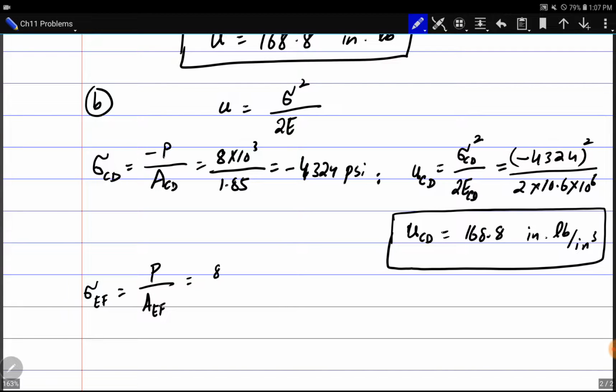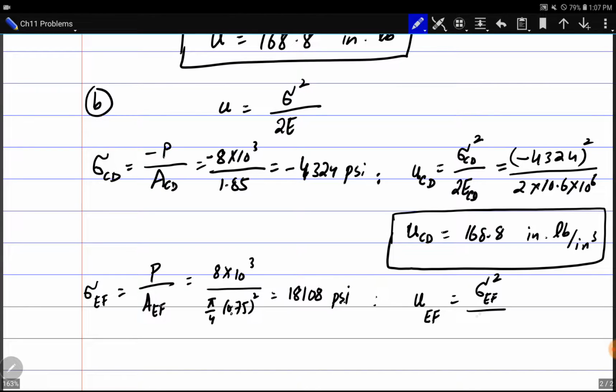So it is 8 into 10 power 3 divided by pi by 4, 0.75 square. It becomes 18108 psi, and if we put the values in the expression of UEF, it is sigma EF square divided by 2 EEF.